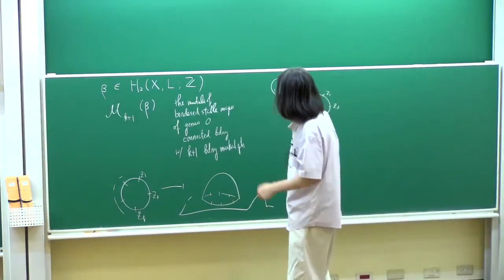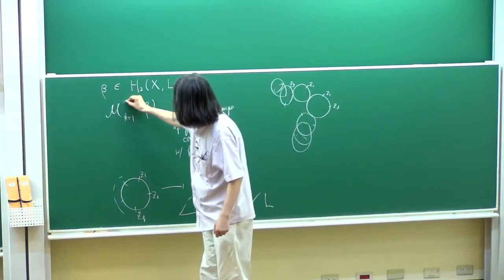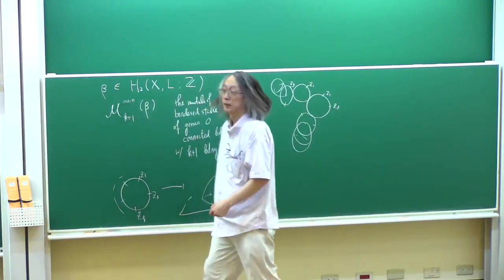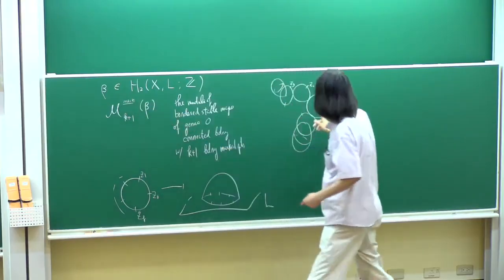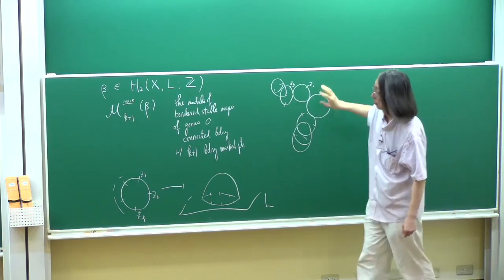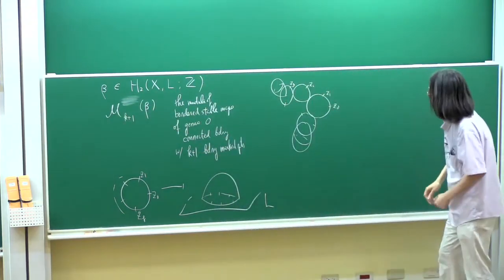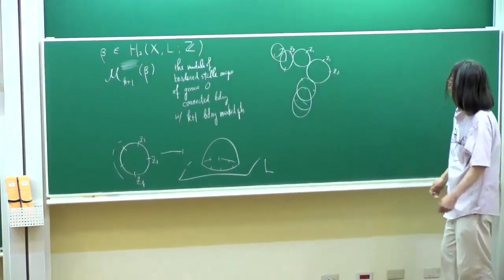In our book, sometimes we put "main" here. It means the numbering respects this cyclic order. But I only consider such a thing, so I just remove it here.